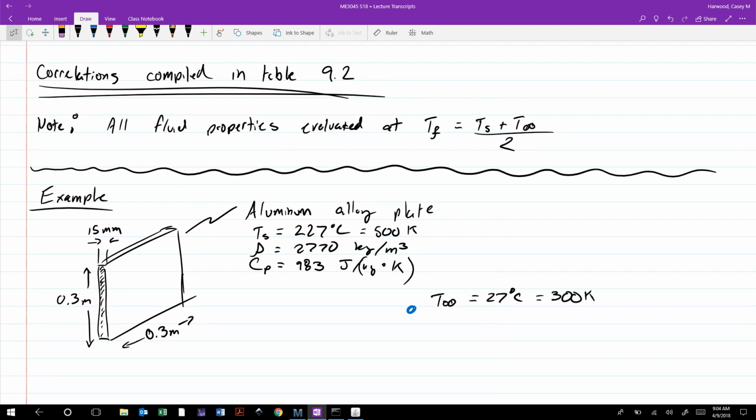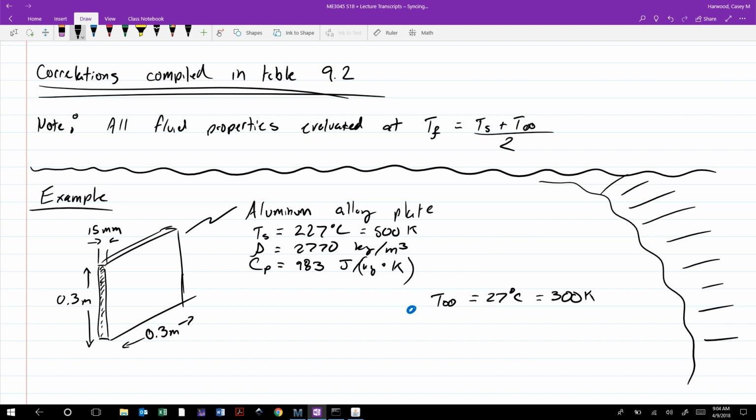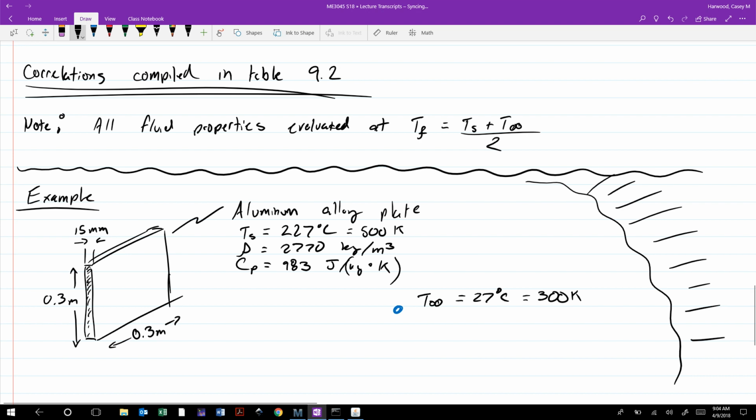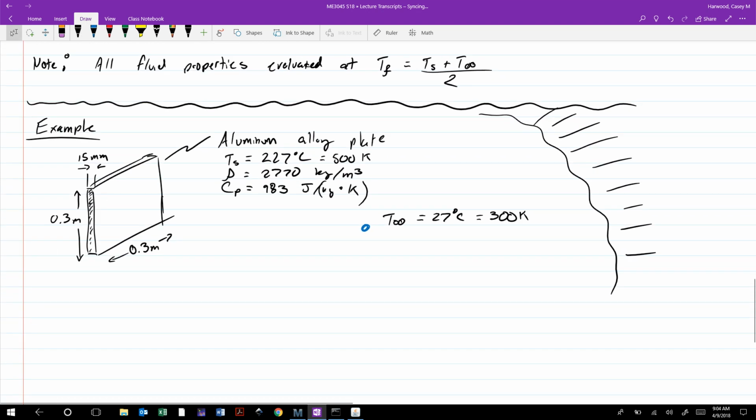Additionally, just so you don't forget that it exists, we're going to bring radiation into the mix here and say that the boundaries of this room far away can be treated as a black body with temperatures of also 27 degrees Celsius, 300 Kelvin.